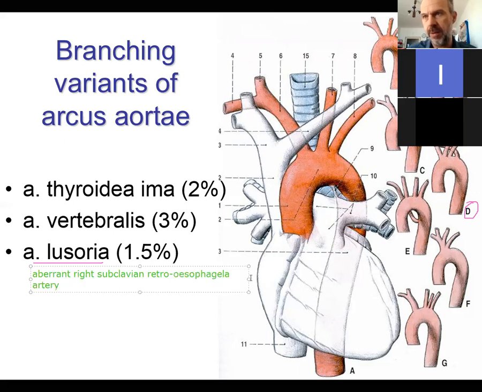So as you can read here, it's a subclavian artery, the right one, which is not a branch of the brachiocephalic trunk as it should be usually, but it's branching as the last branch and running behind all of them, and usually behind the esophagus.